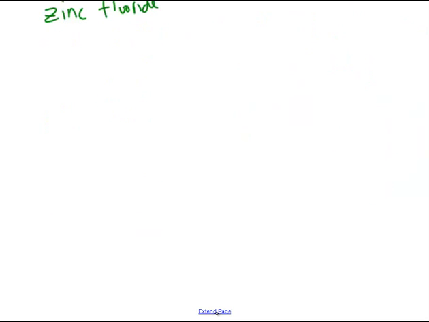I'll just give you a quick little quiz here. Name this compound. Okay, first part is aluminum, and the second part is nitride. Not aluminum nitrogen, aluminum nitride.